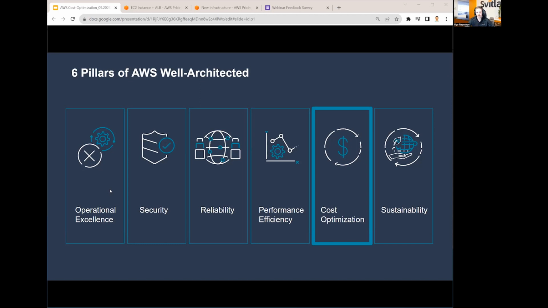It contains 6 pillars, and the idea is that based on your business needs, you need to tune your cloud infrastructure in one of several of these directions.